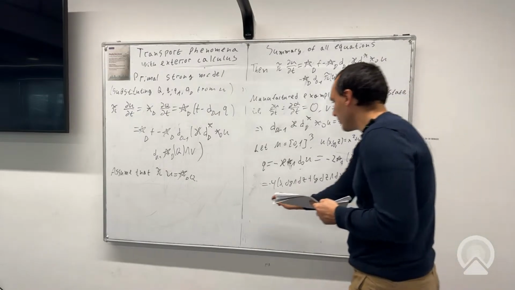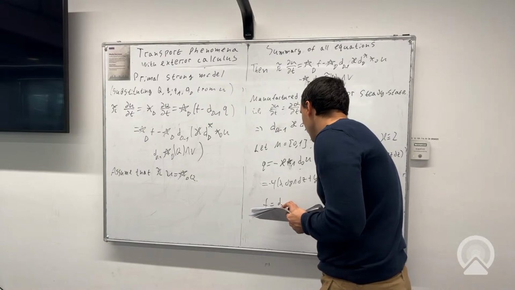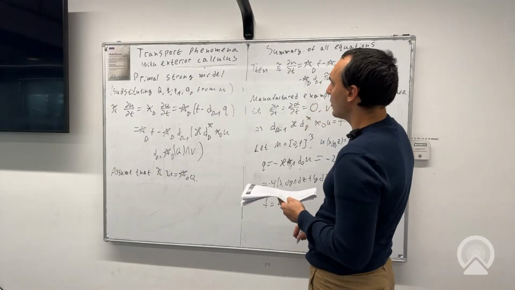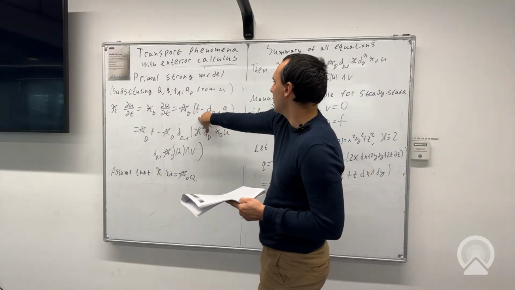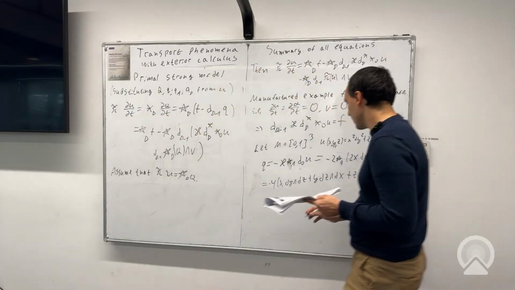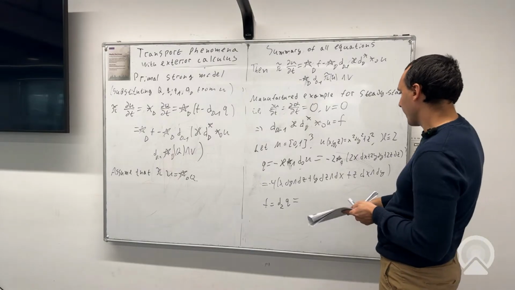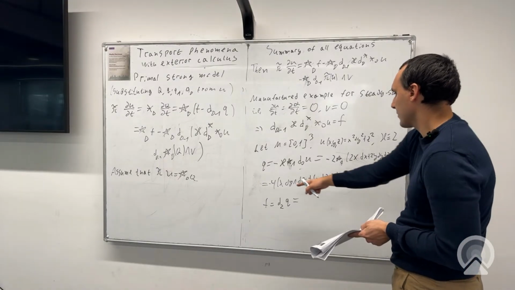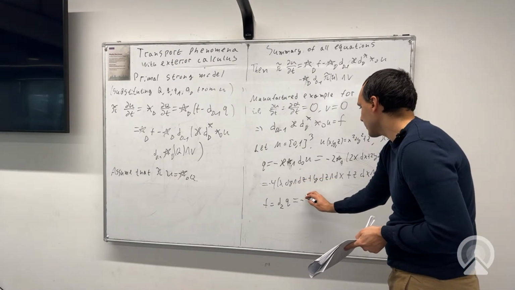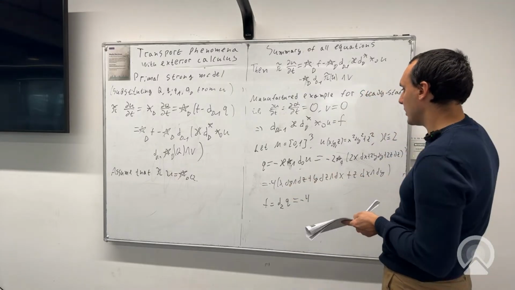And f will be d2 of q. Why? Because the right side is 0 and f equals d of q. And this means that this is minus 4 times the divergence multiplied by the volume form.